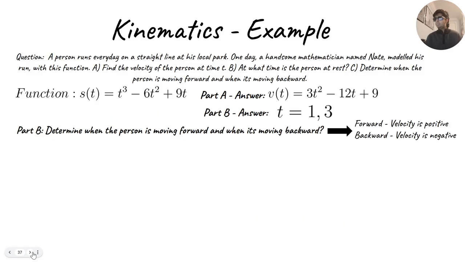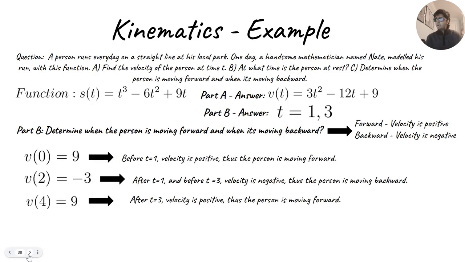Now, let's do part C. Sorry for the typo again. Determine when the person is moving forward and when it's moving backward. Think about it. If you're moving forward, your velocity is positive because your displacement is positive as well. But if you're moving backwards, your velocity is negative as your displacement is also negative. Alright? Now, let's apply our things.